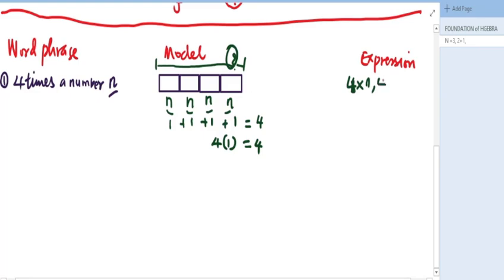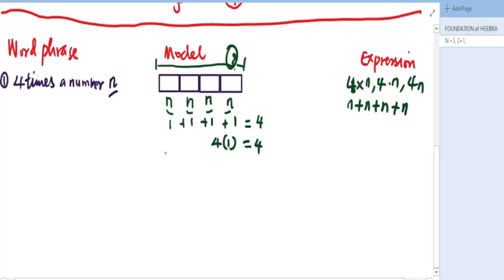Sometimes we can do it like this, and we can say 4n. Yes, we can also do it as n plus n plus n plus n. This is it. So this is an example of what? Word phrase, model, and expression.